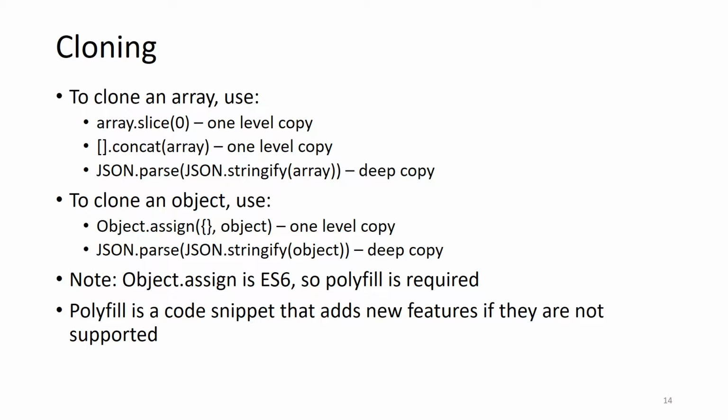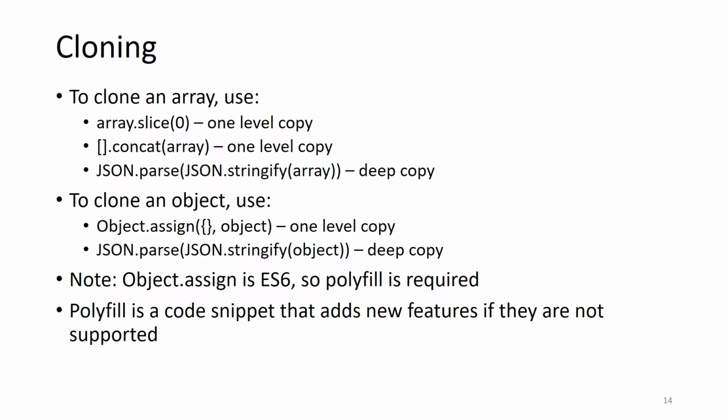The function concat just merges two arrays, appends the array from the right to the array from the left. So we first have all elements of this empty array, and then all elements of our array. So it just copies the array. And if we ever want to do a deep copy, it means that we not only clone the array, but also clone all nested objects inside this array.